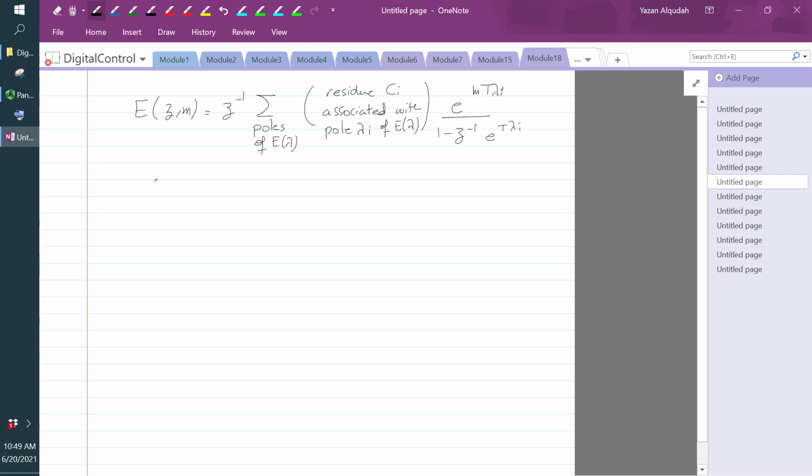And here m is greater than or equal to 0, and less than 1. And of course this is a strict inequality.